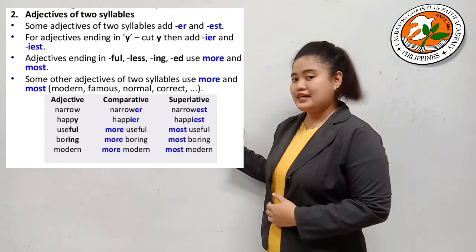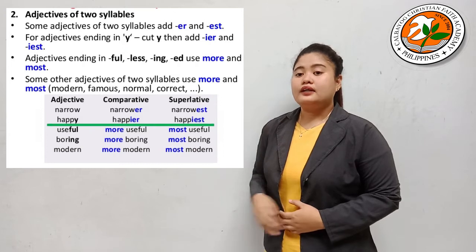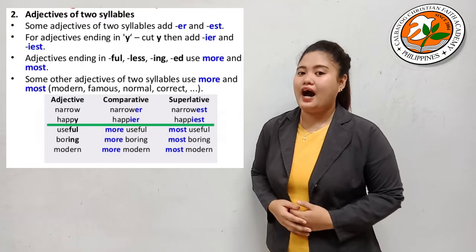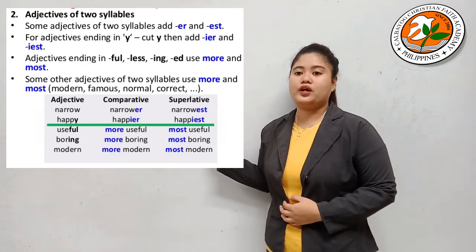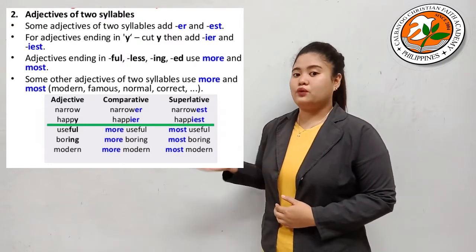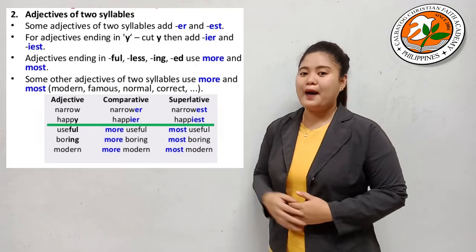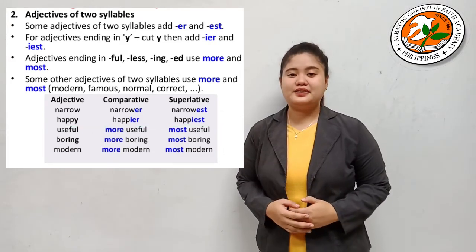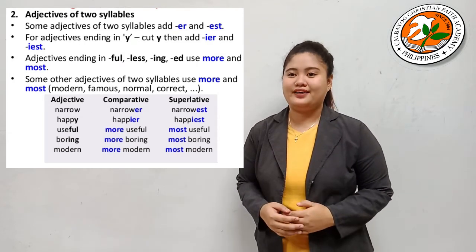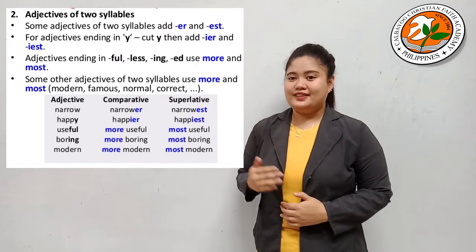For example, happy. In the comparative degree, the letter Y is removed and replaced by IER. It makes the word happier. In the superlative degree, we also remove the letter Y and we add IEST. It becomes happiest. For adjectives ending in Y, you change Y into I and add ER and EST.